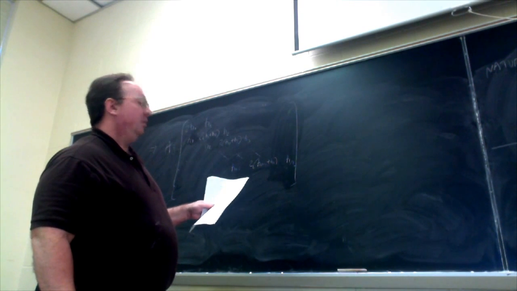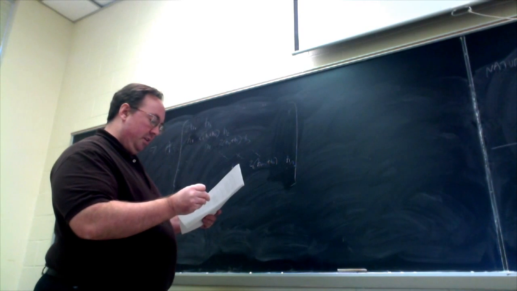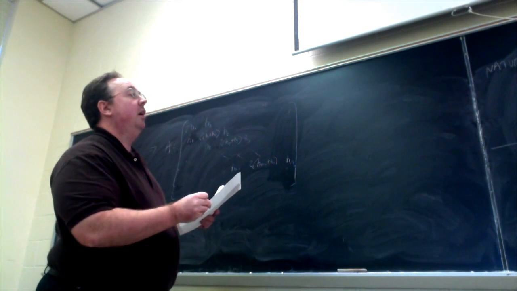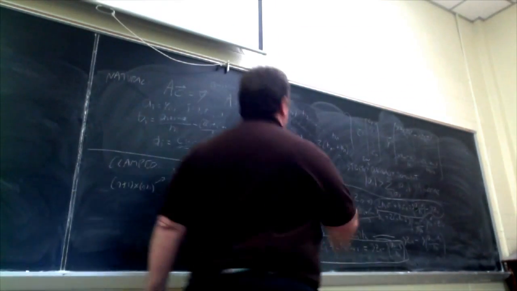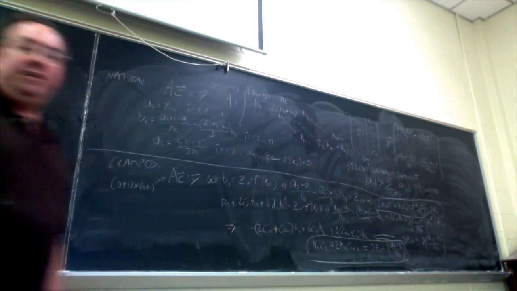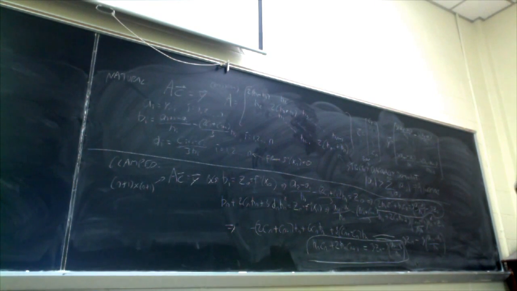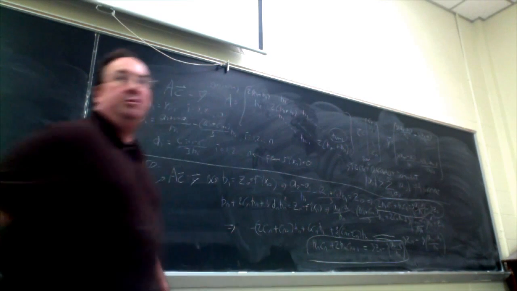Hold on, I might have messed up on the previous board. On the previous board, that should be an n minus 1. This entry, I had hn, it's supposed to be hn minus 1.